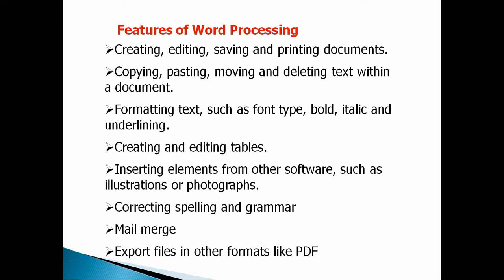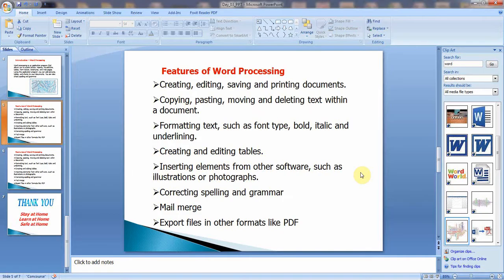We can check spelling and grammar, and there is another important function of a word processor, that means we can create mail merge. We can also export files in other formats like PDF and some other options. Now let's start with the software.